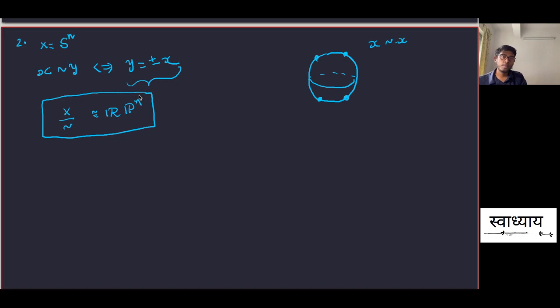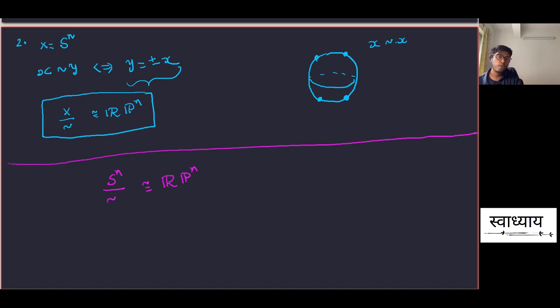So maybe I'll ask the mentors to discuss this, at least a sketch of why Sn mod this is the same as RPn. So we saw two definitions: this one, as well as Rn+1 minus 0 mod this being RPn. So try to see why these two definitions are the same.